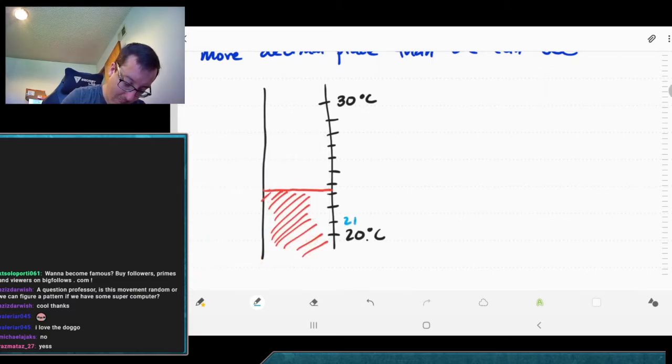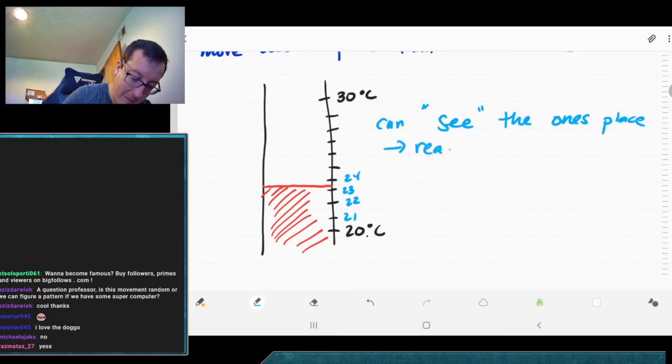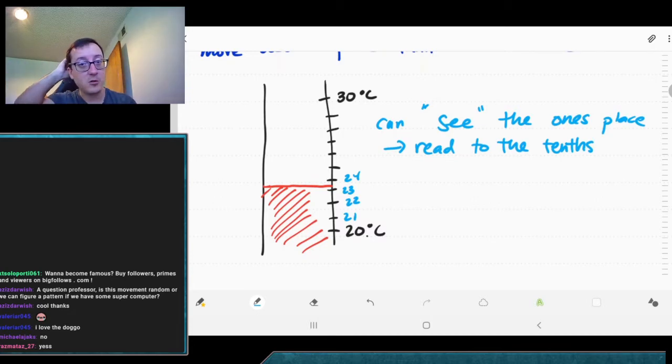So we can see the ones place, which means we need to read this measurement to the tenths place, one more decimal over. So we can see 21, 22, 23. We cannot see 21.1, or sorry, 21.2. We can't see the tenths place. So that's where we're going to make our guess.